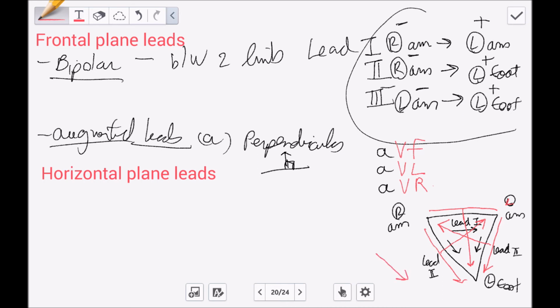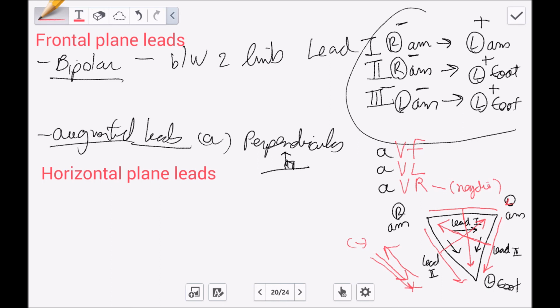AVR should always be negative, okay? Can you think about why? Because look at it, it's going all the way against the vector. If positive is flowing this way, then this is very negative, because it's flowing back like that. So that's why AVR is always negative.